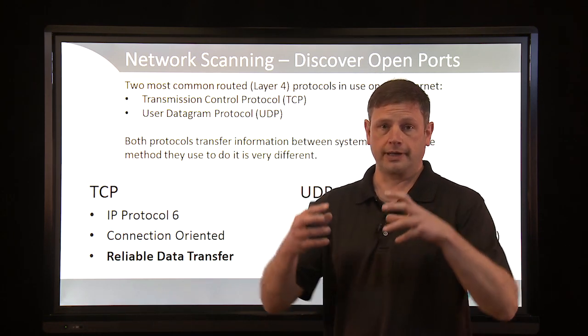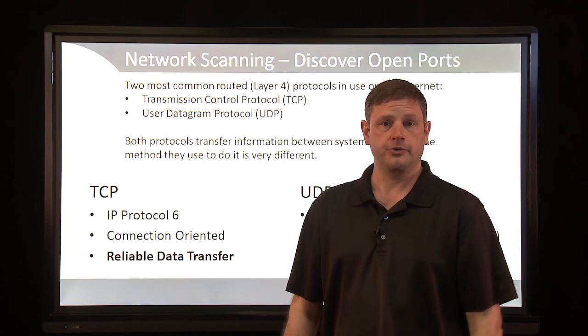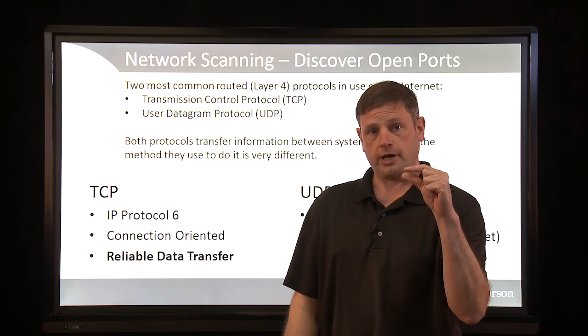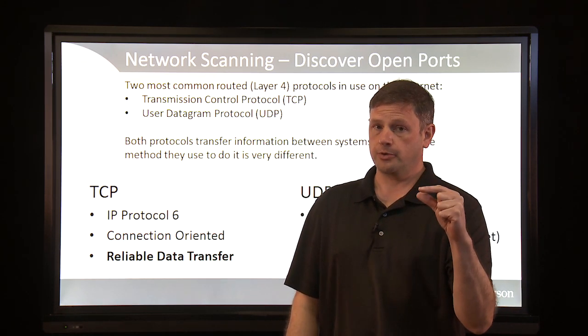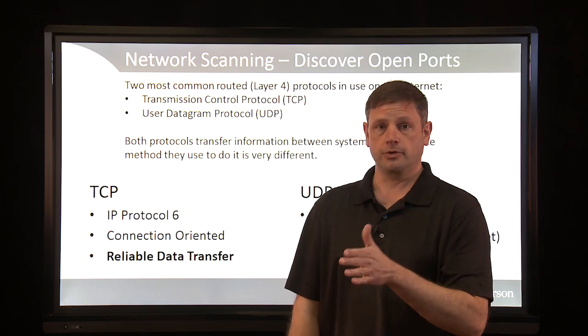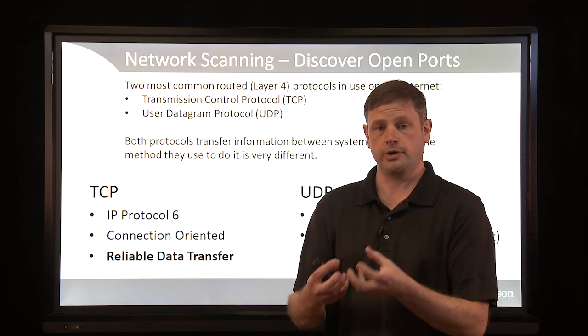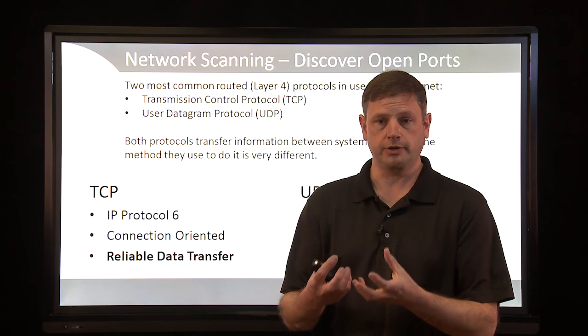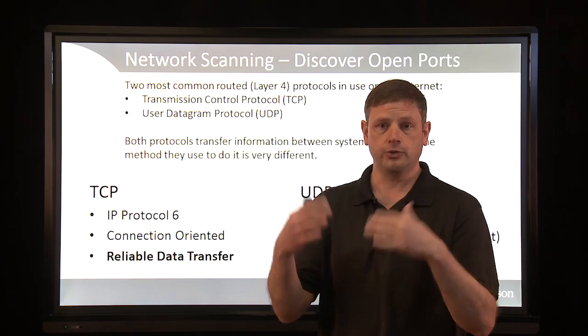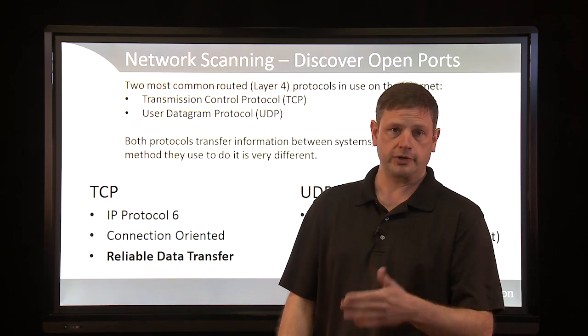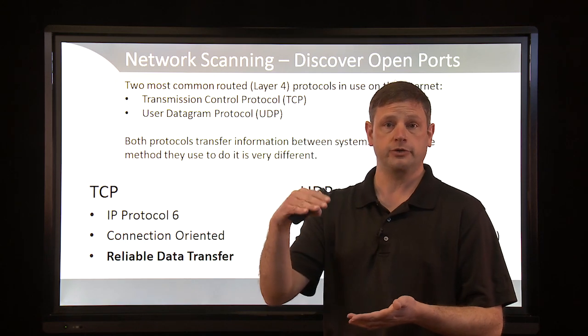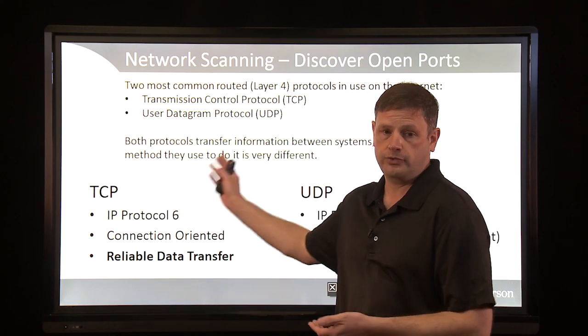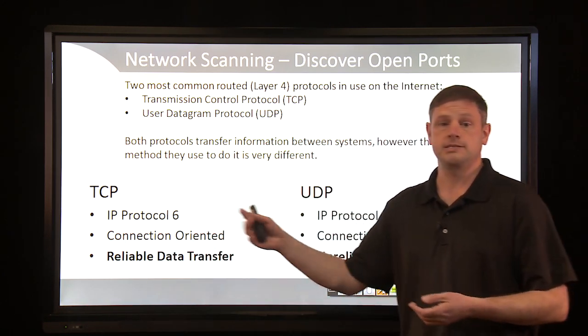And as you are encapsulating data as you go up the stack, you have the IP protocol happening at layer 3. IP protocol will have a number. That number tells the operating system that's receiving this particular piece of information how to interpret the data. So IP protocol 6, that tells us that the layer 4 information should be interpreted as TCP, as a TCP segment.